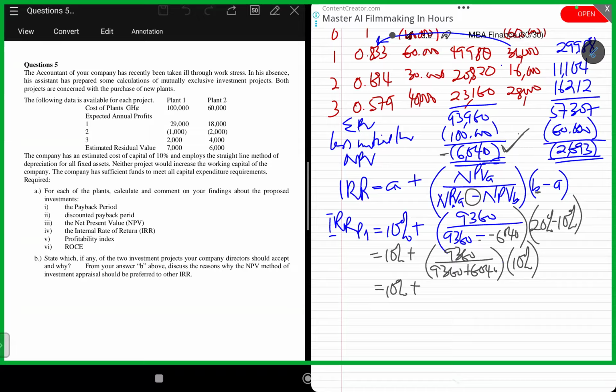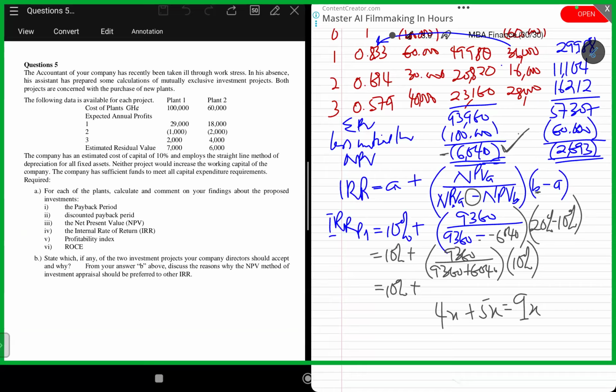Watch. When you are adding 4x plus 5x on your calculator, how do you add it? 4 plus 5. Then what do you have? That's 9x. It's the same thing.